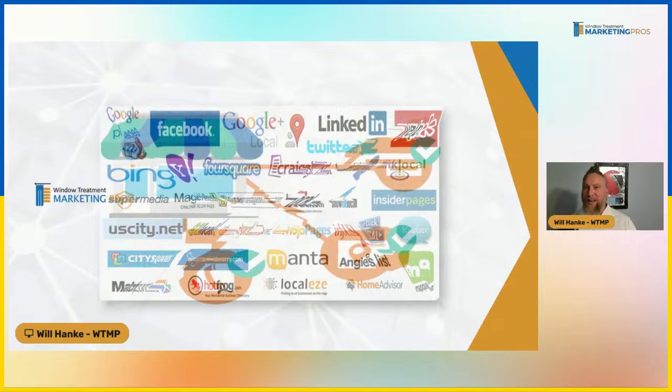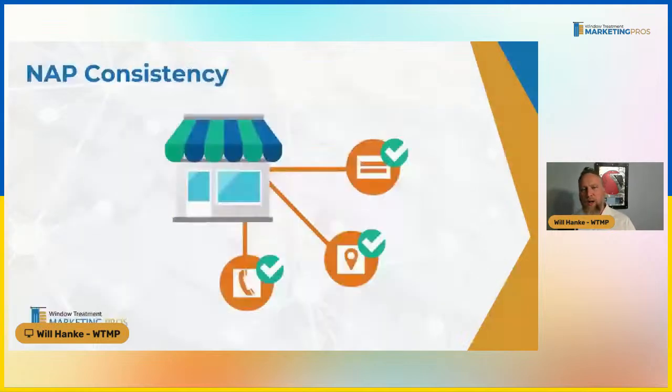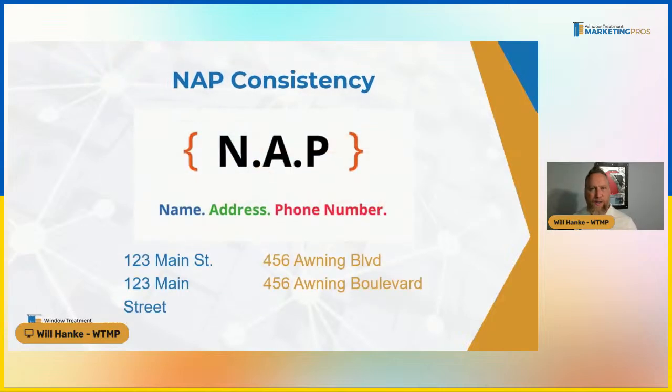The important thing here is to make sure that across the board, your name, address, and phone number are always the same, down to street versus ST, boulevard versus BLVD, that kind of stuff. Whatever format you choose to use, just always keep it the same on all of these different websites that you list your business on.